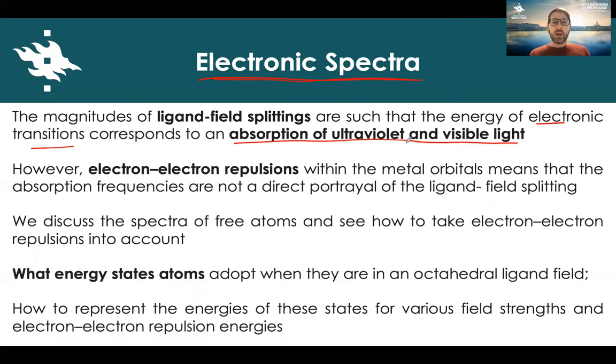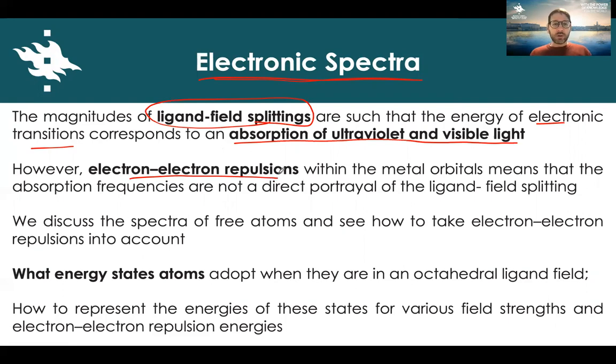Interestingly, the magnitude of the ligand field splittings is directly related to the energy of these electronic transitions. However, in metal complexes, we can also have repulsions between the electrons in the metal.